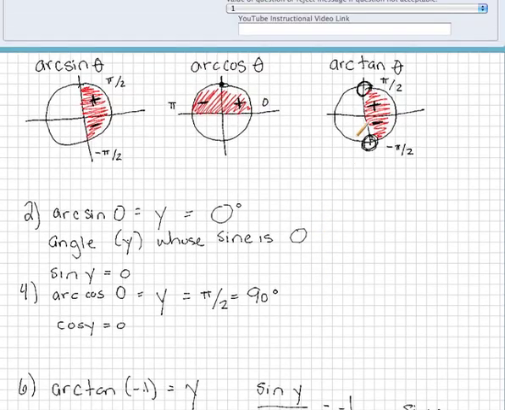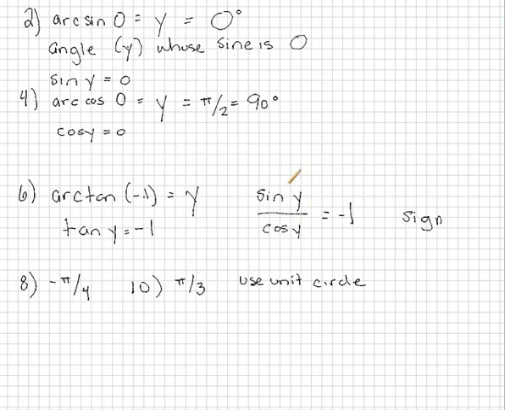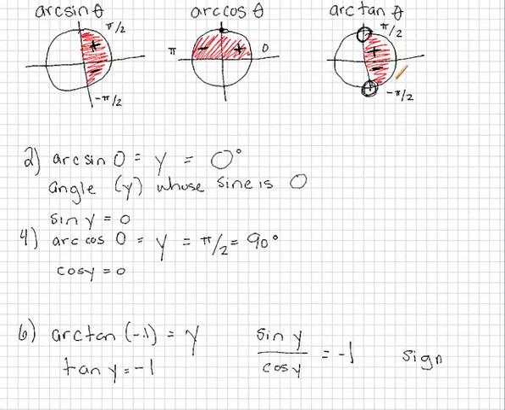So we're going to go up to our picture for arctangent, and you can use the unit circle at this point if you like, but we're going to find the angle where sine and cosine are the same number, so that angle is going to be pi over 4, but they're actually going to be opposite signs. So let's look. We have two quadrants here, one where arctan is positive and one where arctan is negative.